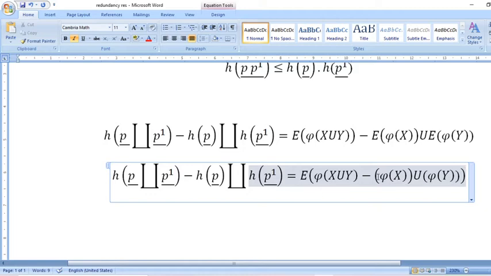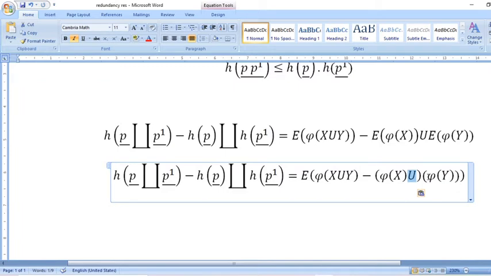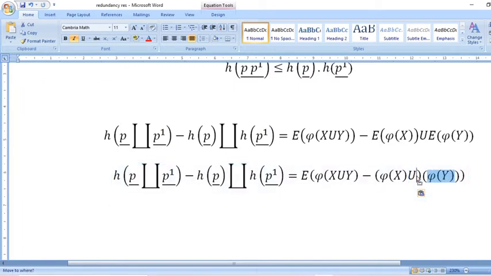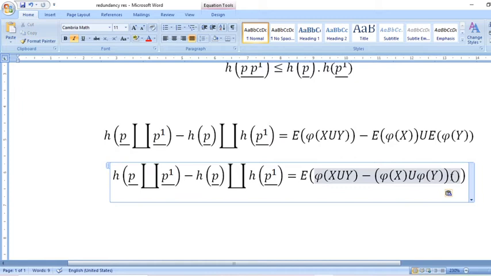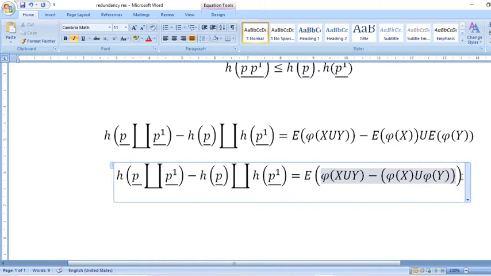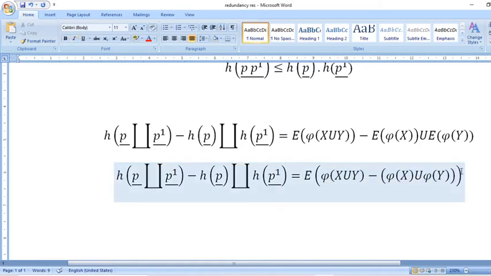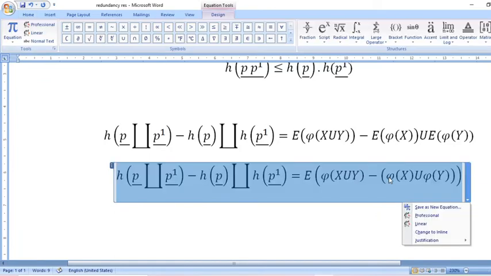Okay, so I think we can replace this also. Bring this inside. Okay, so this is the second step. Again, you know that we can simplify the right side.